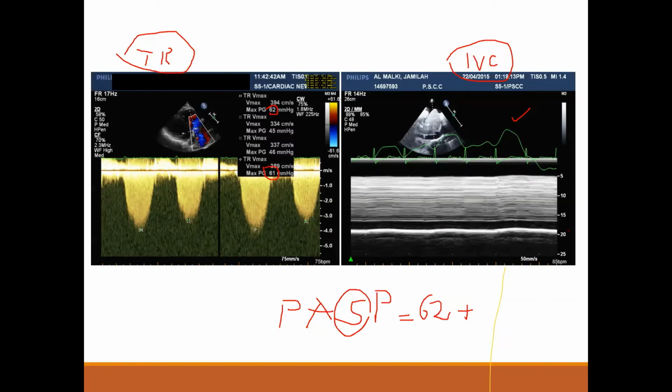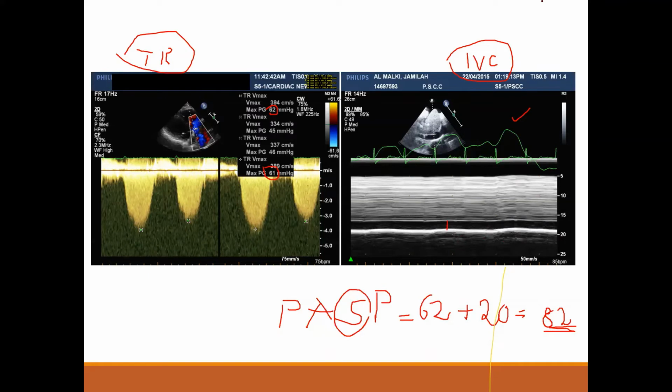How much are you going to give here? It is dilated and non-collapsible. So how much are you going to give? 20. Yes. So that is 82 millimeter mercury.